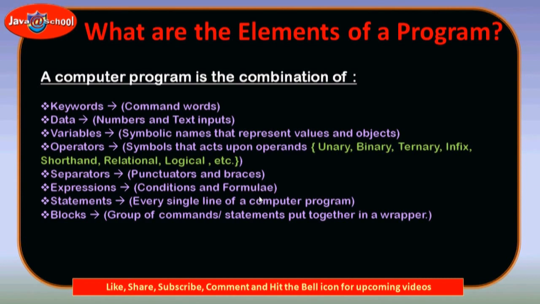Then all these things are put together inside a group called a block. How are blocks formed? When this set of commands, data, variables, declarations and all the things are put together in one group within curly brackets, they form a block.